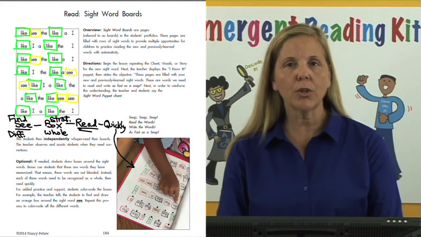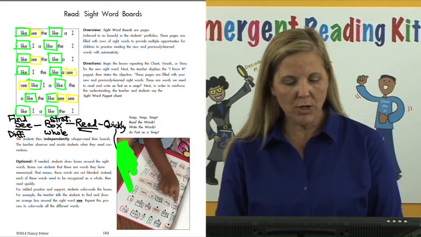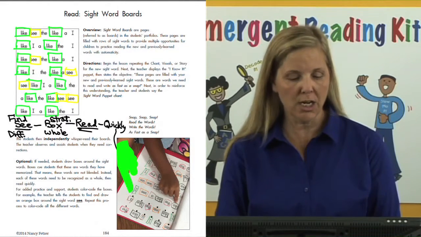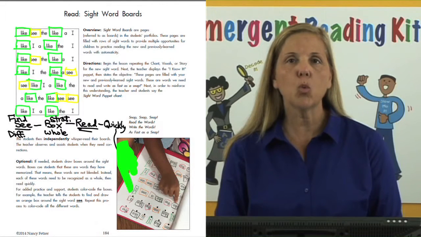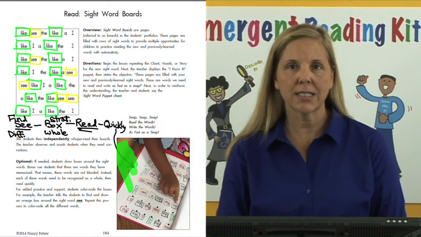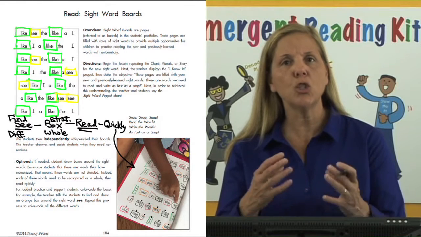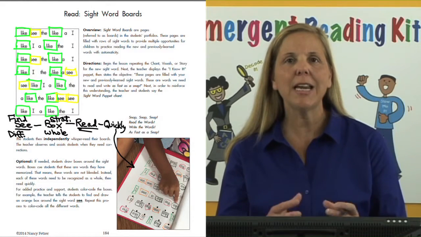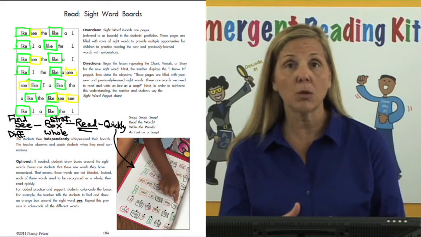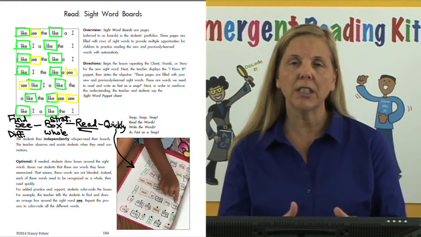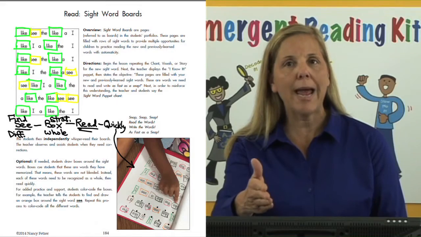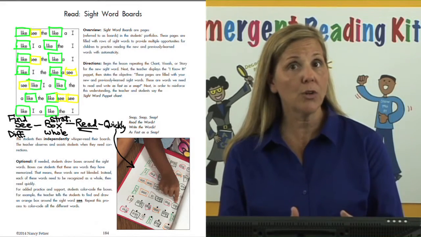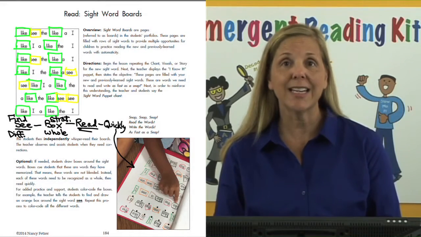After all the words are color-coded, then they would point at each word left to right across each row and read each one as fast as a snap. Look at all the opportunities you will give your students to read these sight words many, many times, and it's all on one page. Also, when they leave the group, they can go back and independently or with a partner in their group, read these pages again.